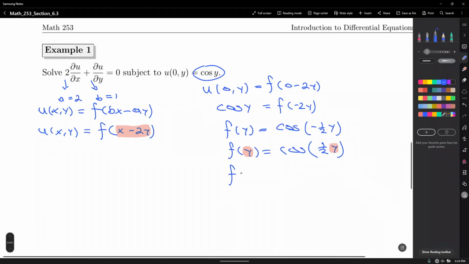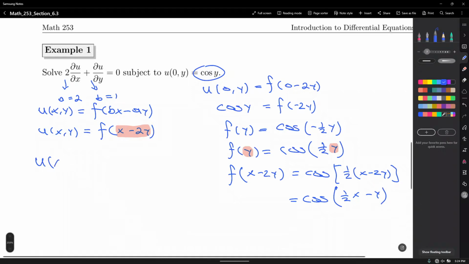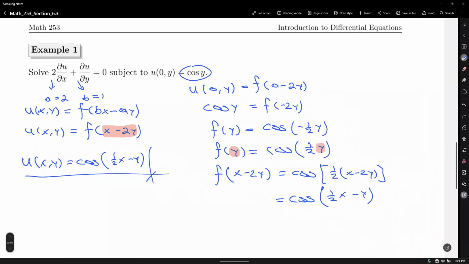So f of x minus 2y equals cosine of 1/2 x minus 2y. And you might want to reduce. This is cosine of 1/2 x minus y. And that is the actual solution. Now you may go ahead and call it u of x, y finally equals this function here. And that is the final answer, right?